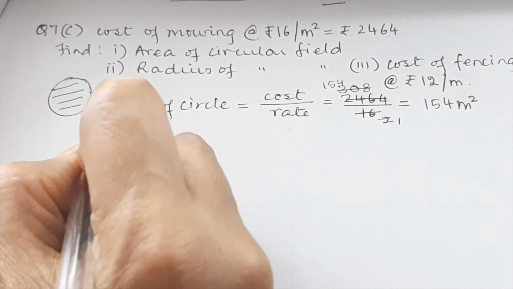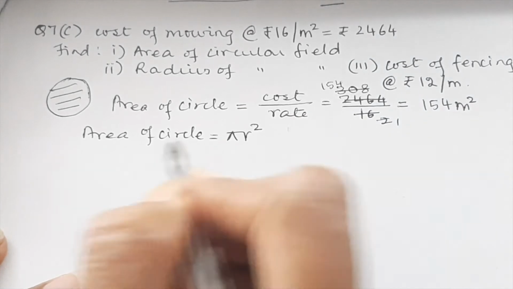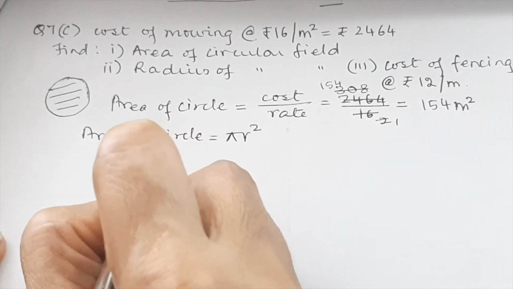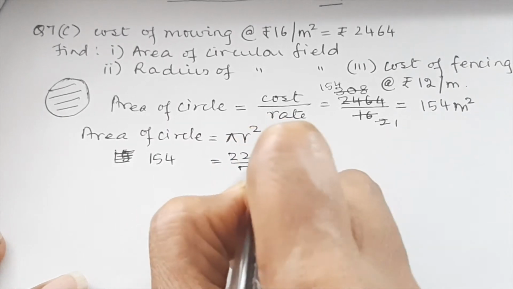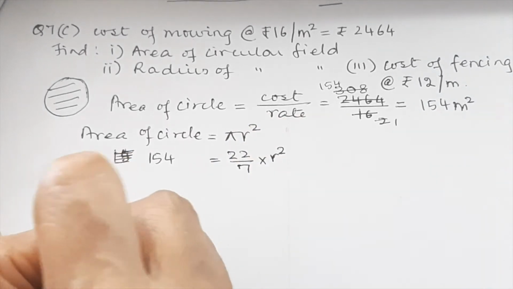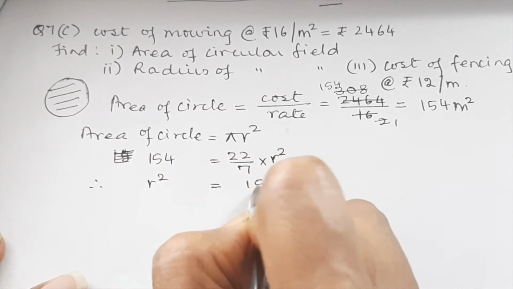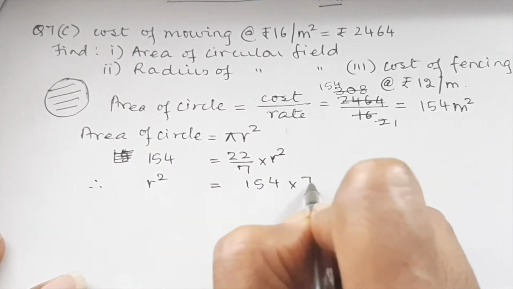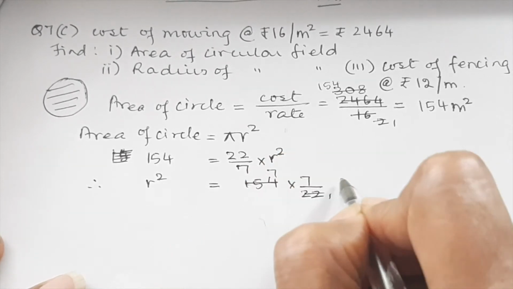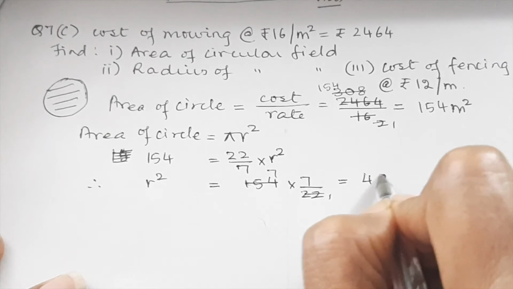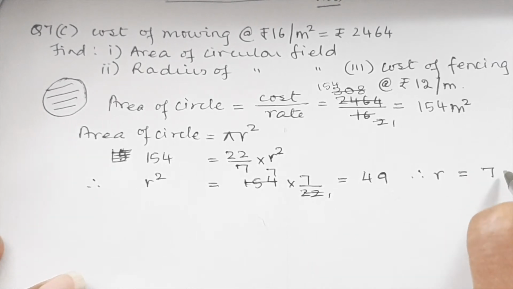But area of circle, formula wise, is pi r square. So we got to connect it with the formula. So 154 is equal to 22 upon 7 into r square. Therefore, our r square is equal to 154 multiplied by 7 upon 22. 22 goes 7 times here, which is equal to 49. Therefore, radius is equal to 7 meters.